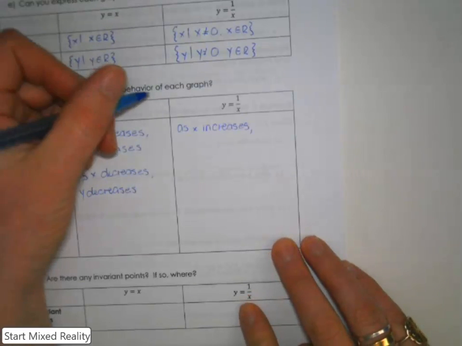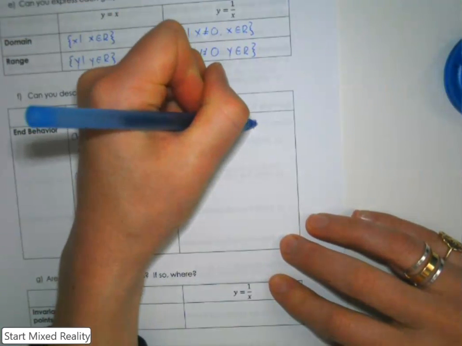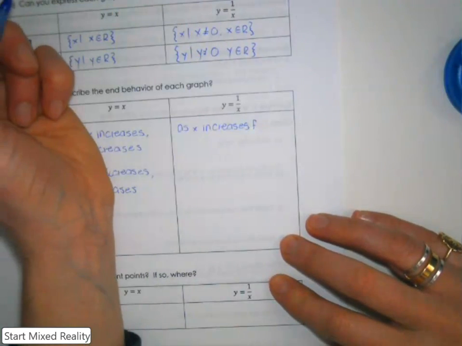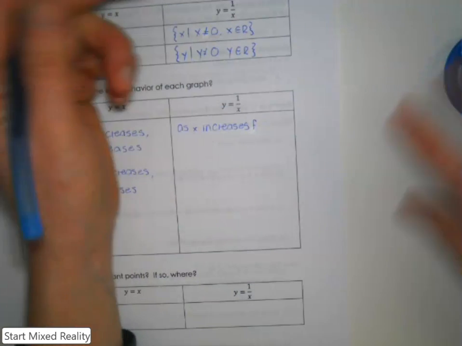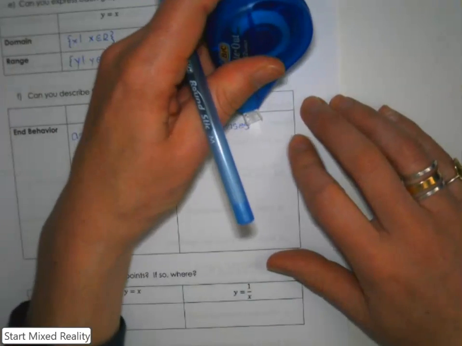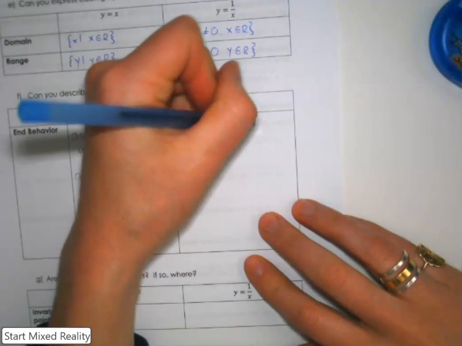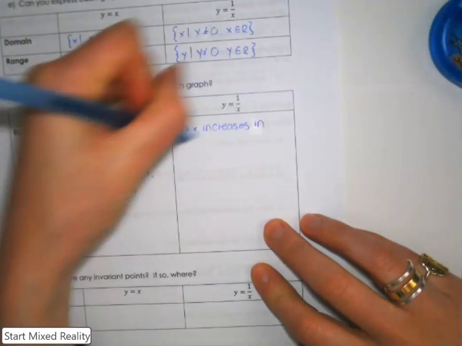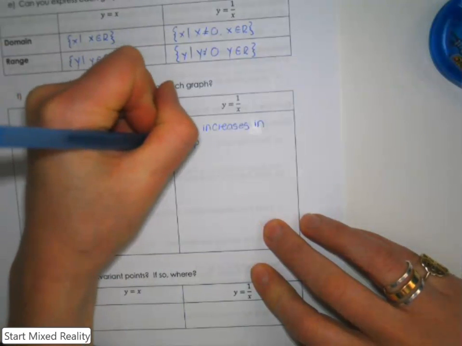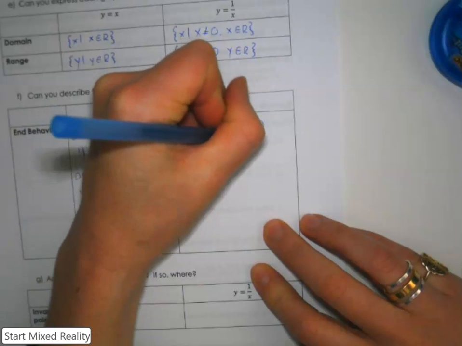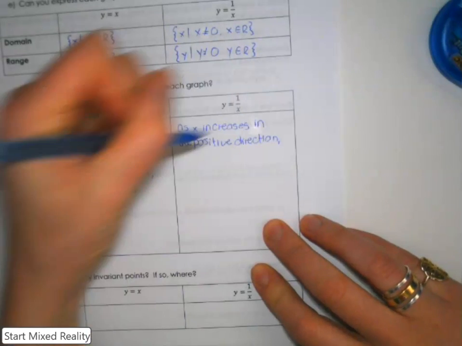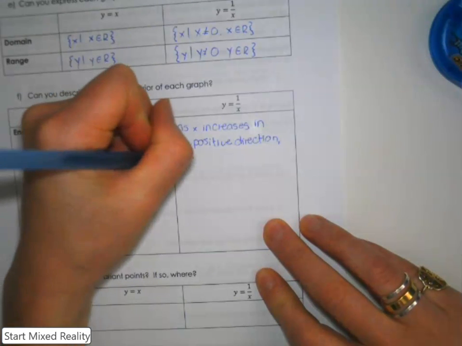So as x increases, actually we could make that a little more formal. Let's say as x increases from 0, oh, well, no, because x values wouldn't be 0. So let's just say as x increases in the positive direction, just to be really specific, y gets close to 0.